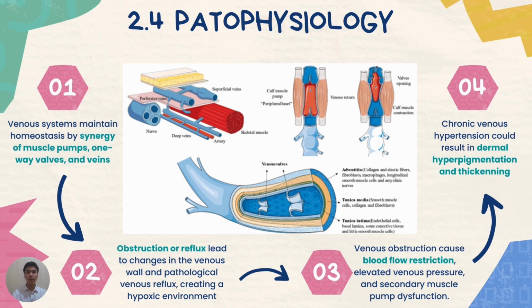And if left untreated, chronic venous insufficiency could cause secondary muscle pump dysfunction, vascular valve failure exacerbation, deep vein thrombosis, and even restructure the veins to become more susceptible to cardiovascular disease. Furthermore, it could also cause skin changes like hyperpigmentation and thickening due to fibrosis of subcutaneous fat. That's all from me, and thank you.